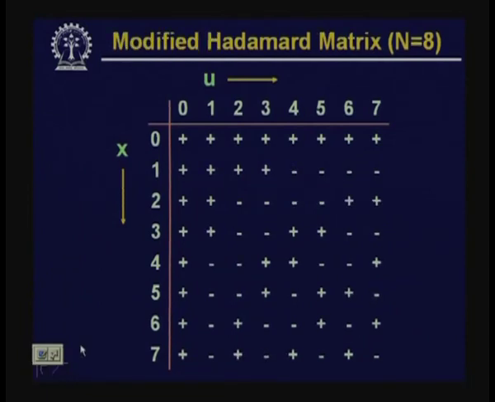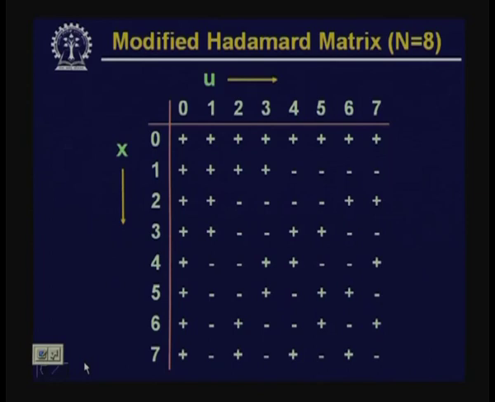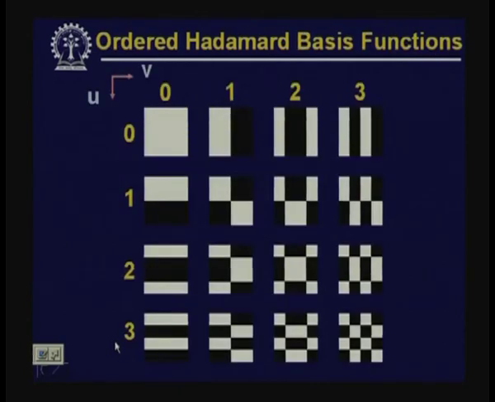The modified Hadamard matrix that we get is of this particular form, and if you look at it, you find that here sequency for u equal to 0 is again equal to 0, sequency for u equal to 1 is equal to 1, sequency for u equal to 2 is equal to 2, and now for increasing values of u, we have increasing values of sequency. So, using this modified or ordered Hadamard matrix forward kernel, in case of 2 dimensions, the ordered Hadamard basis functions are obtained in this particular form.